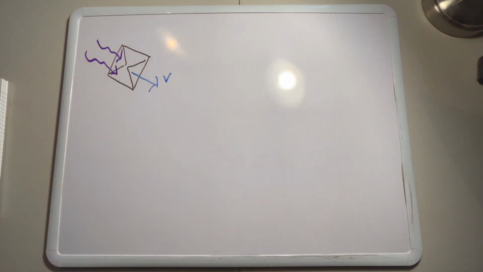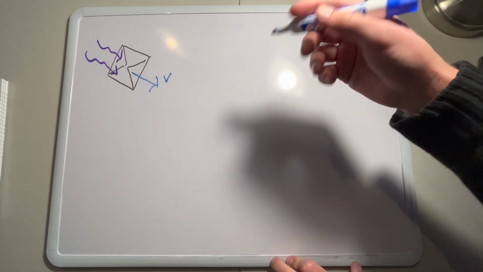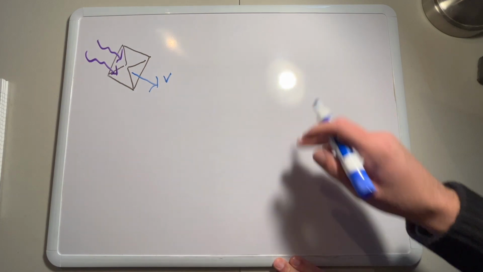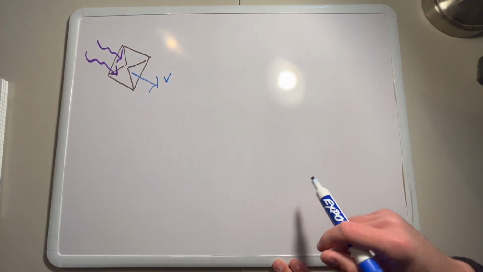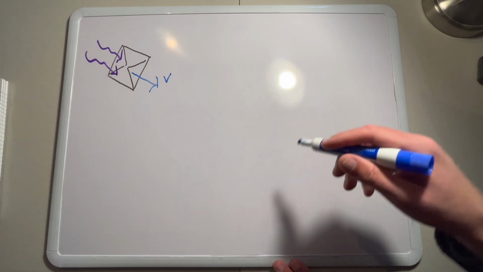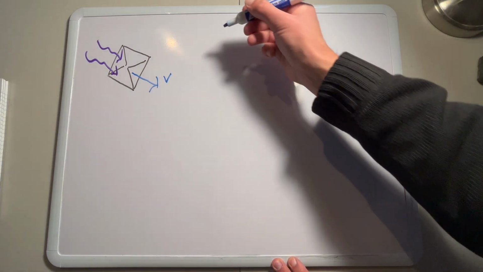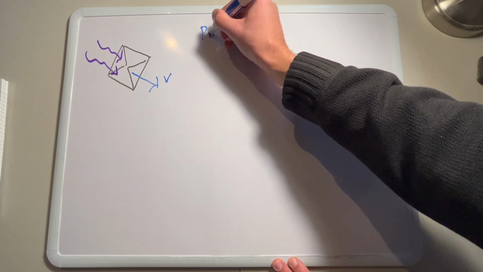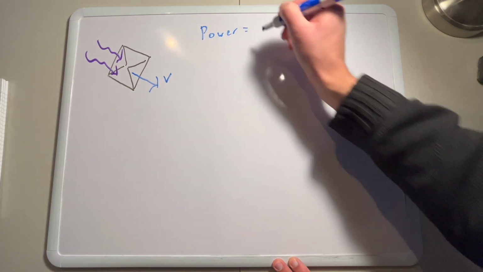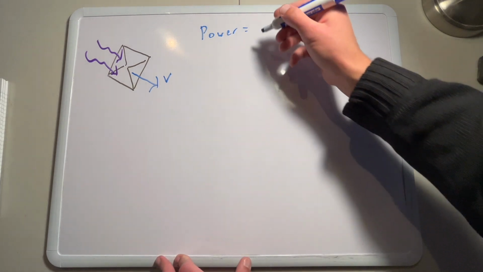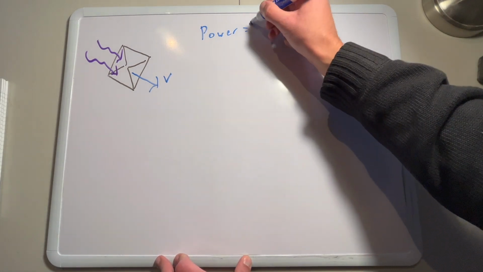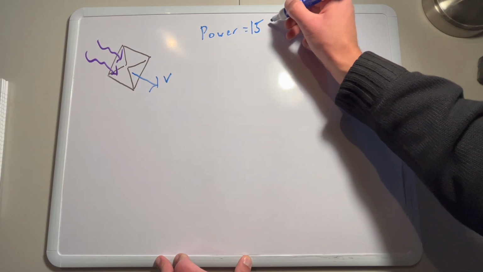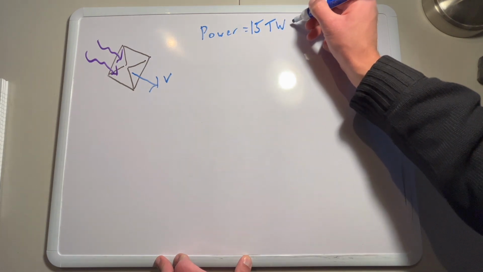And for this particular solar sail, let's say that we are going to shine a laser on it. And that laser is going to be about 25 gigawatts received by the solar sail over the course of 10 minutes. So to get the total power over that period of time, we are saying our solar sail will absorb about 15 terawatts. Terawatts, what's that?